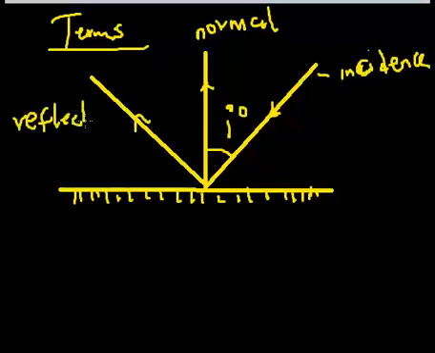The angle that the reflected ray makes with the same normal is called the angle of reflection. Now there's an angle here between the incident ray and the surface. I call it alpha. This angle alpha is what is known as the glancing angle.